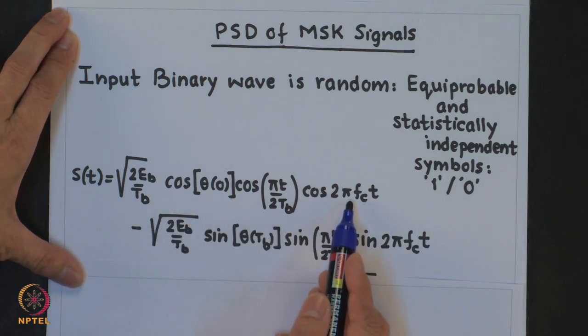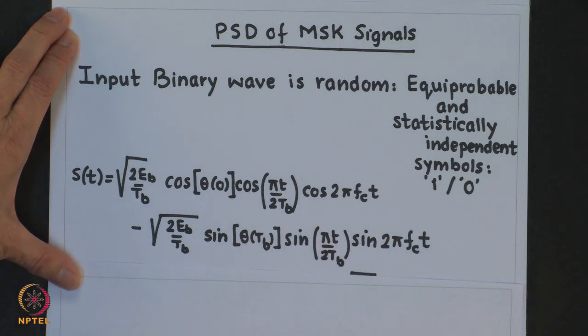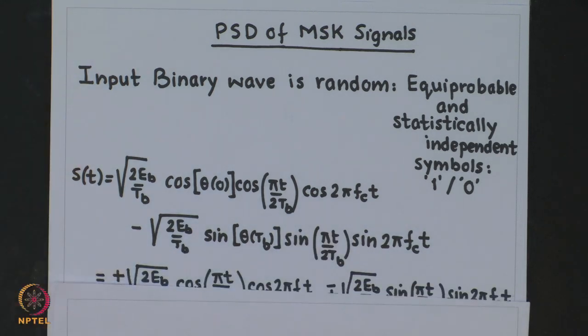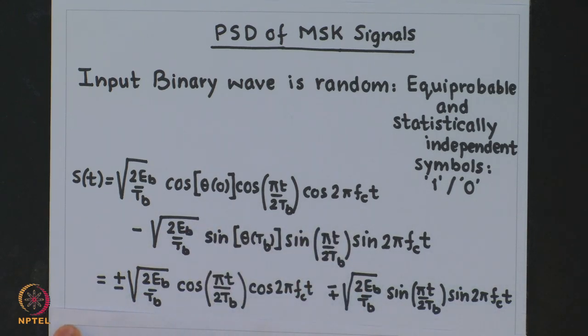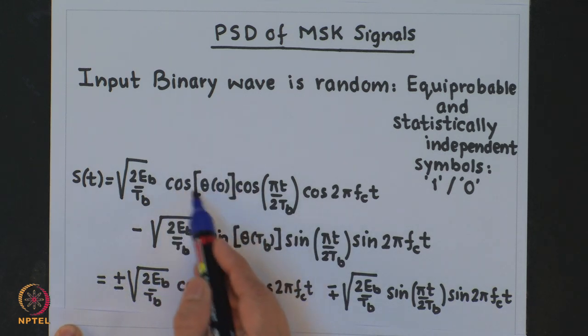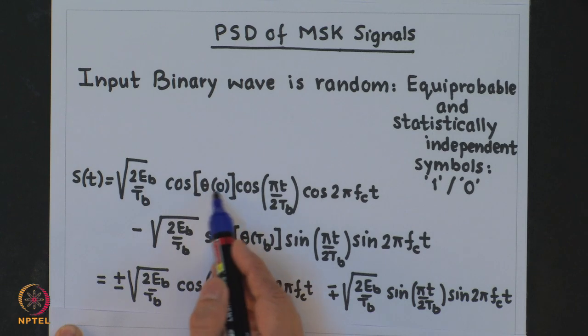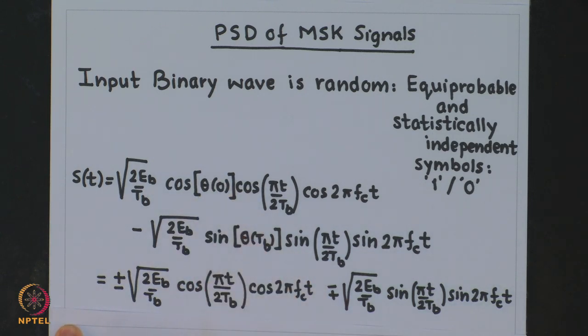This is the in-phase and this is the quadrature phase, and this we can write as this expression. The sign plus or minus will be decided by the phase state of theta 0, and similarly here we can write this expression as given here, where the minus or plus sign will be decided by the phase state of theta Tb.